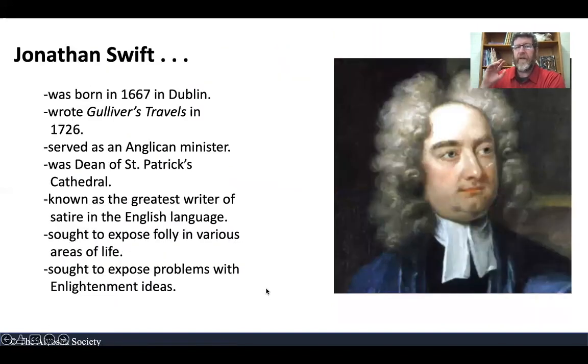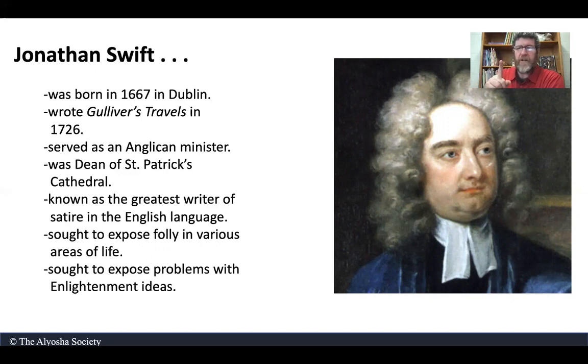Who is Jonathan Swift? When did he live? What would have been the things going on in his world? Well, let's start with the year of his birth, 1667. All right, do the math here, friends. When Jonathan Swift was born, how long ago would the English Civil War have been?